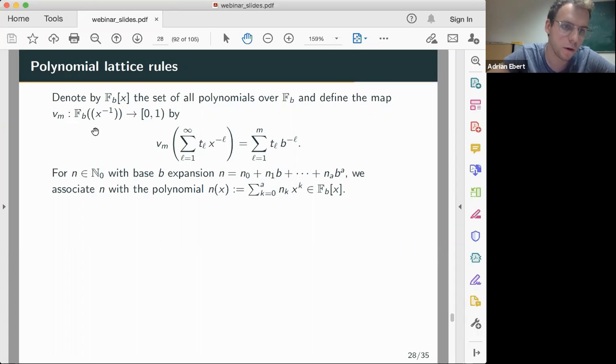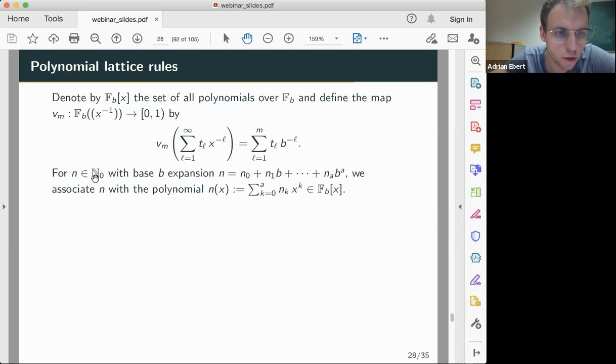What is crucial is this map v_m, which maps the formal Laurent series here to this expression, which is a real number in the half-open unit interval [0,1). Basically, this map cuts off this expression after m terms and in a sense inserts b for the x to obtain a real number.